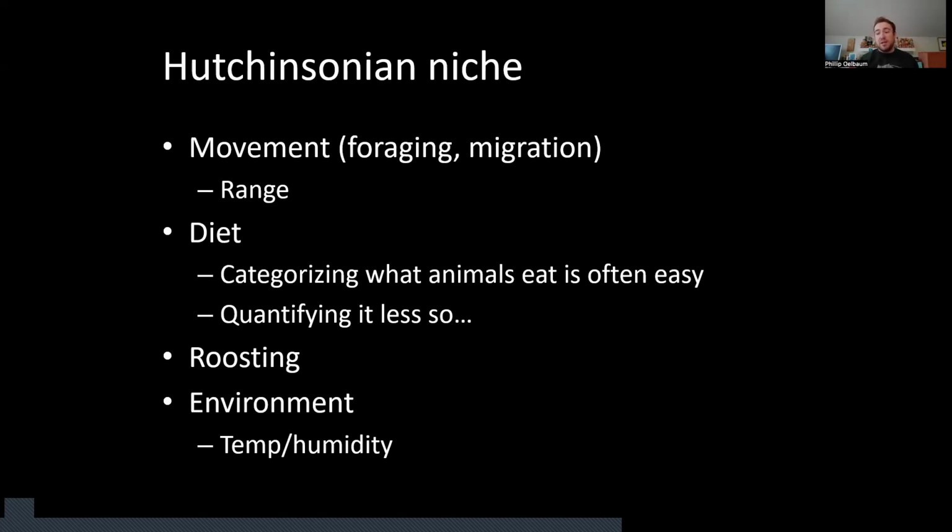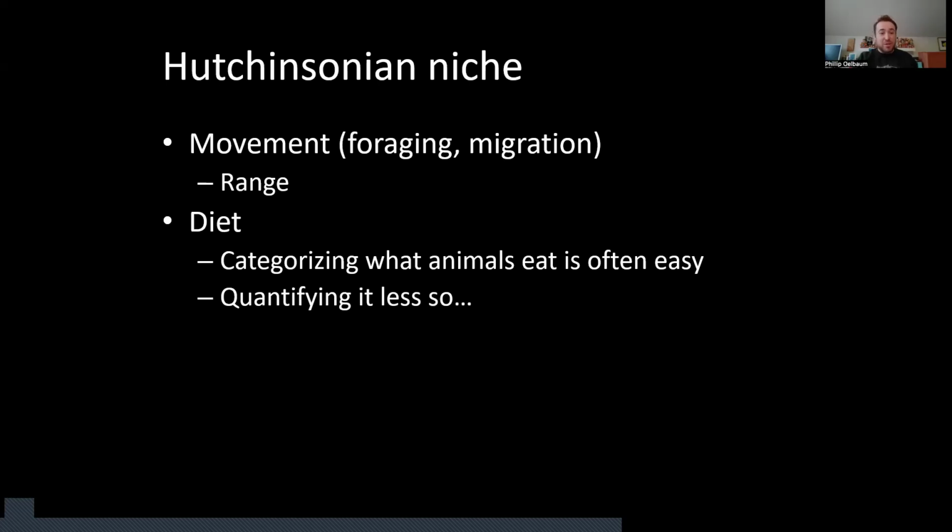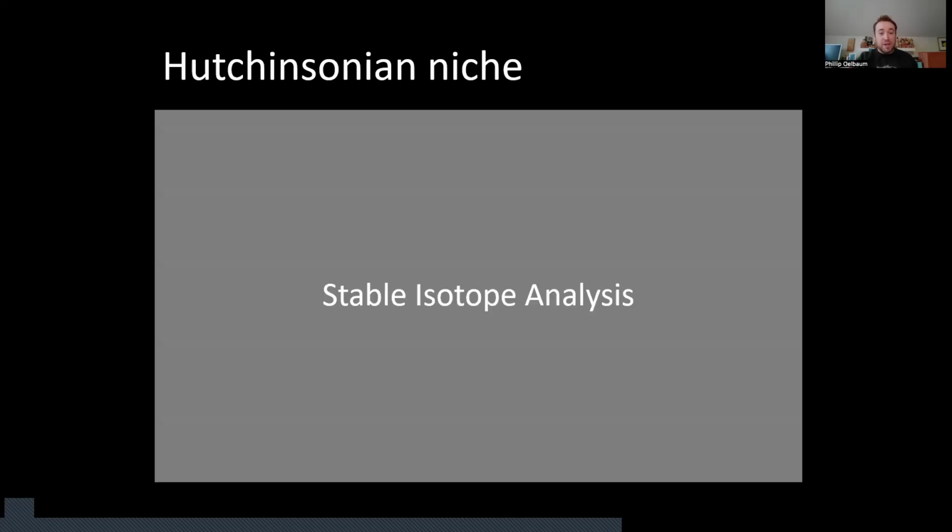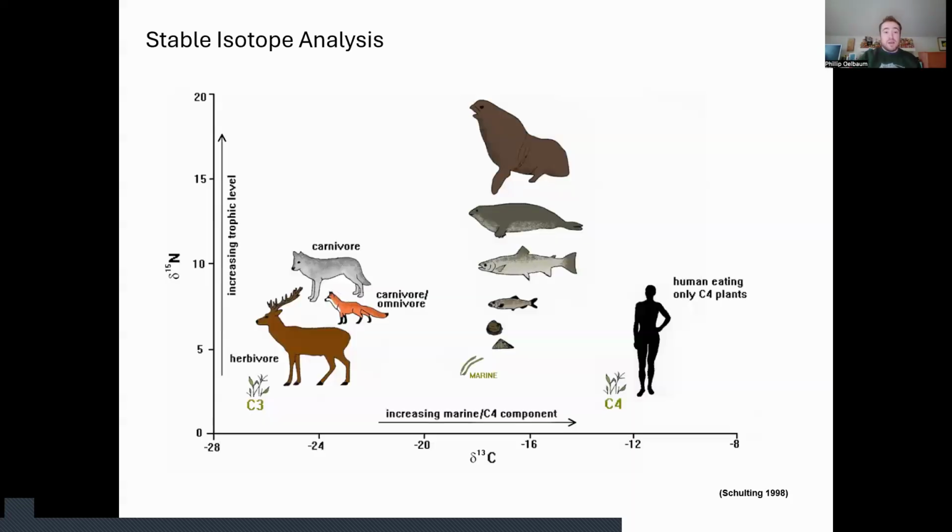Other things we typically think about when we're talking about the ecological niche is roosting ecology, their environment, so the temperatures or humidity that they can tolerate. As I said, this is n-dimensional, so I'm just going to talk about these two, and I will do that within the context of stable isotope analysis. I know that there was a My Field for Dummies talk on stable isotope analysis.